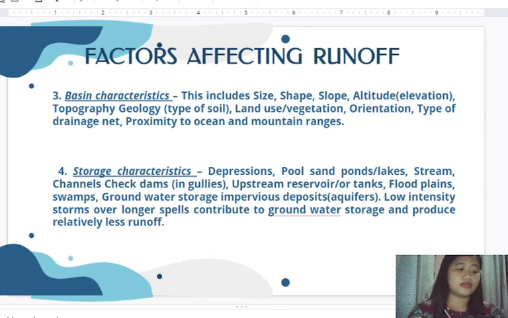So, storage characteristics include artificial storage such as dams, weirs, and etc., and natural storage such as lakes, ponds, rivers, and etc. They tend to reduce the peak flow. They also give rise to greater evaporation losses.